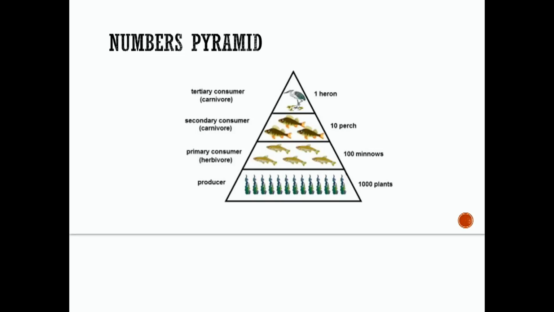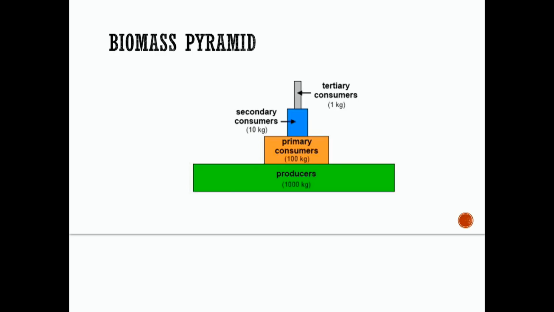So in this specific space, when there's about 1,000 plants at the producer level, at the primary consumer level there'd be about 100 minnows, at the secondary consumer level about 10 perch, and at the tertiary consumer level about 1 heron.